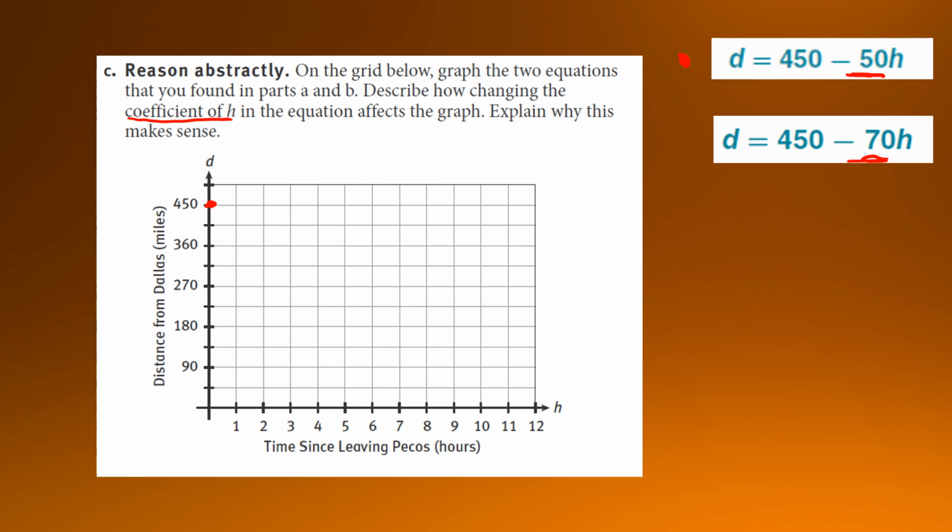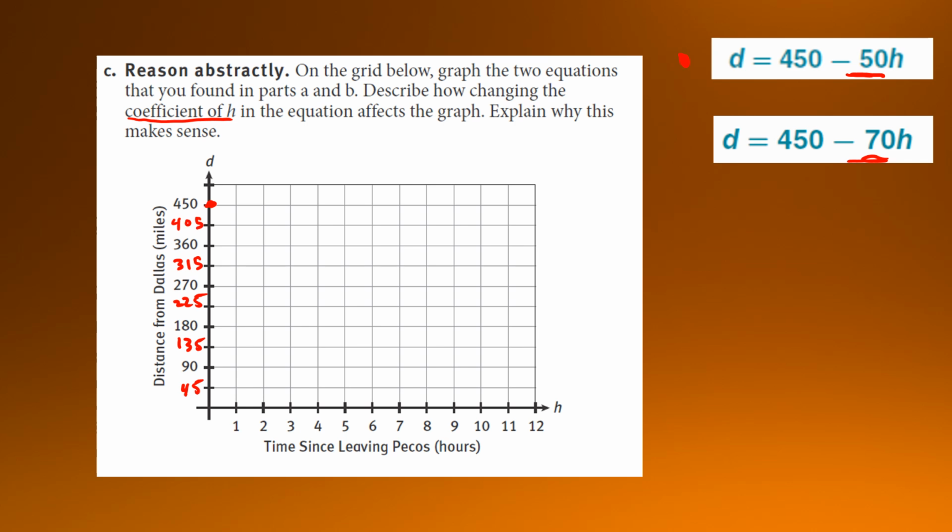This isn't the most convenient scale they have here. This is going down by 90s, so these are going by 45s for heaven's sake. Let's see here, that'd be 225. And 45 would be 315, and then 405. Good heavens.